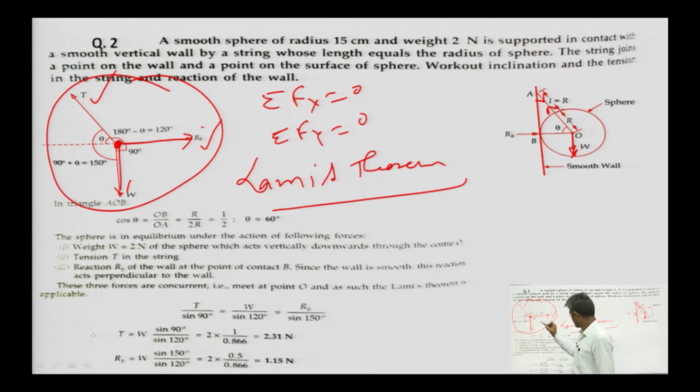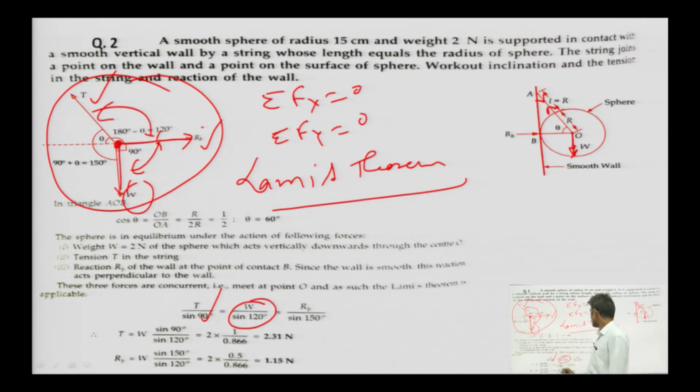This force T divided by sin 90, another force W divided by sin of this angle, which is 180 minus theta, and theta is 60 degrees. And R b divided by sin of this angle, which is 150. So the values of T and R b can be calculated with the help of Lami's principle also.